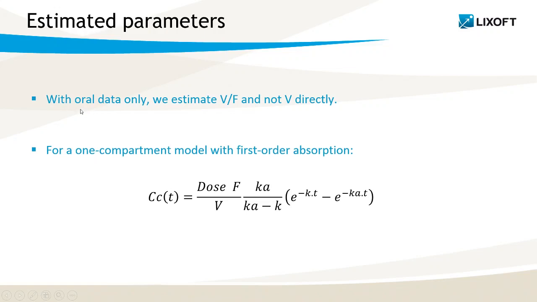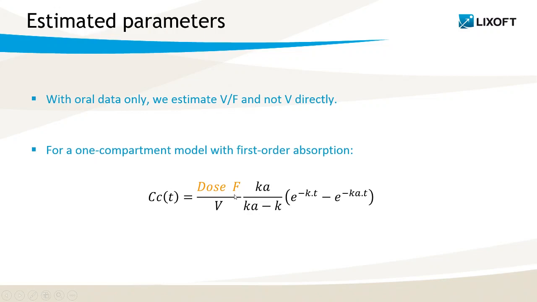Remember that if I have only oral data, I'm in fact estimating V divided by F and not V directly. This is the analytical solution for the one compartment model. The amount that reaches the systemic circulation is the administered dose multiplied by the bioavailability.